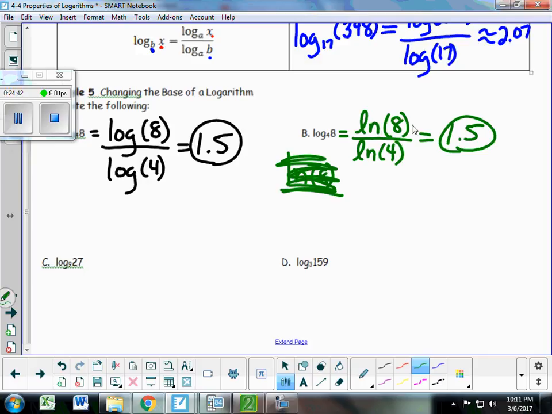All right, part C. So I'll go back to common logarithm for this one. So log of 27 divided by log of 9. And that actually also equals 1.5.